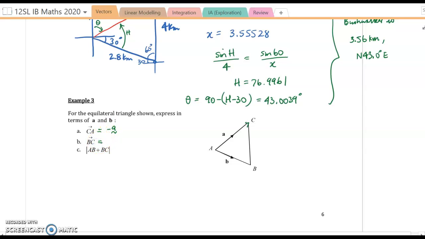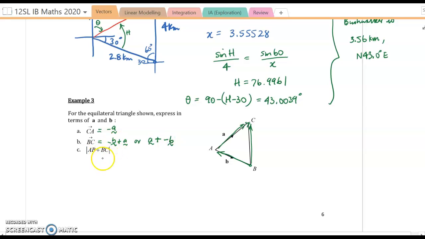BC is this one, so that's going to be a negative B plus a positive A, because then it'll match up from tail to head. Negative B plus positive A. You can also write that as positive A plus negative B.